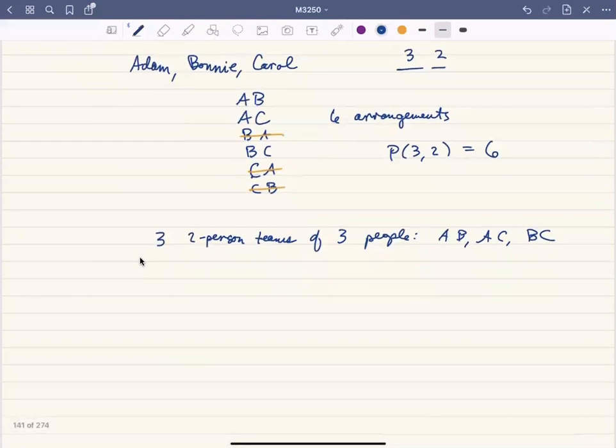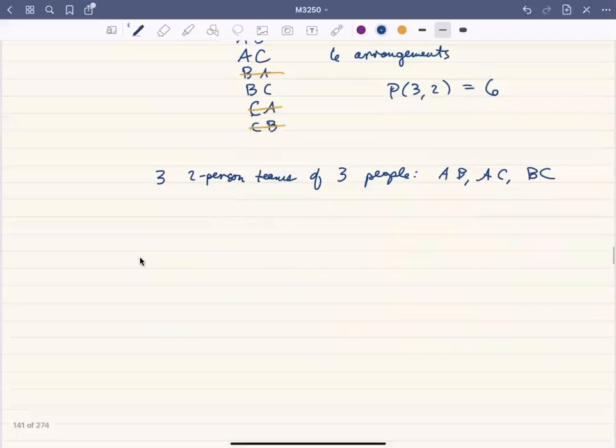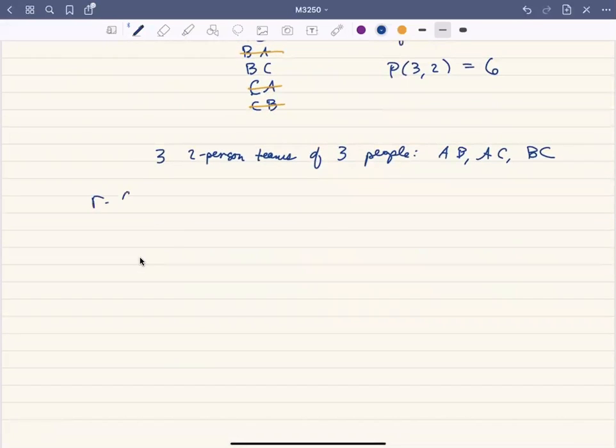This second thing that we did where we were creating these 2-person teams is what's called a combination. Okay, so an r combination. An r combination refers to starting with a set of n objects, in this case people. So starting with a set of n things, how many ways are there to choose a set of r of them?